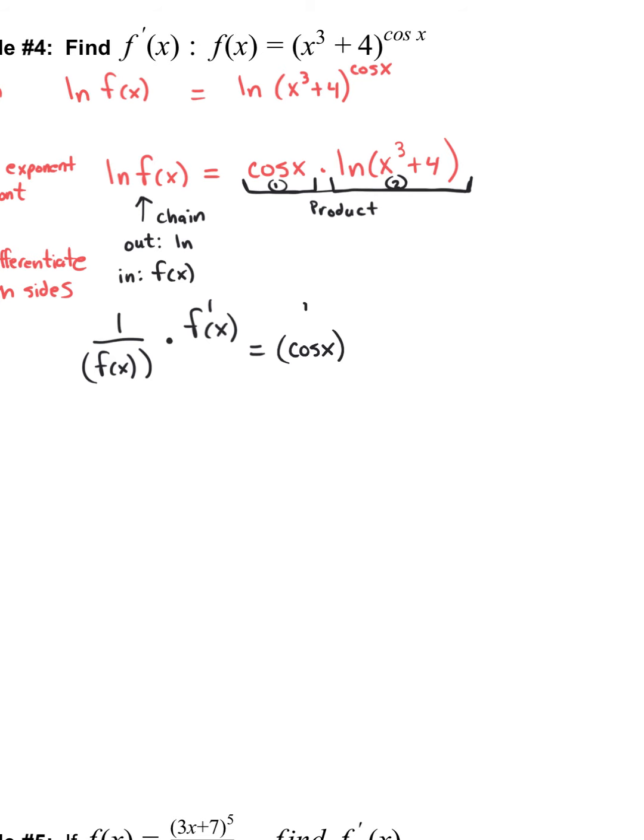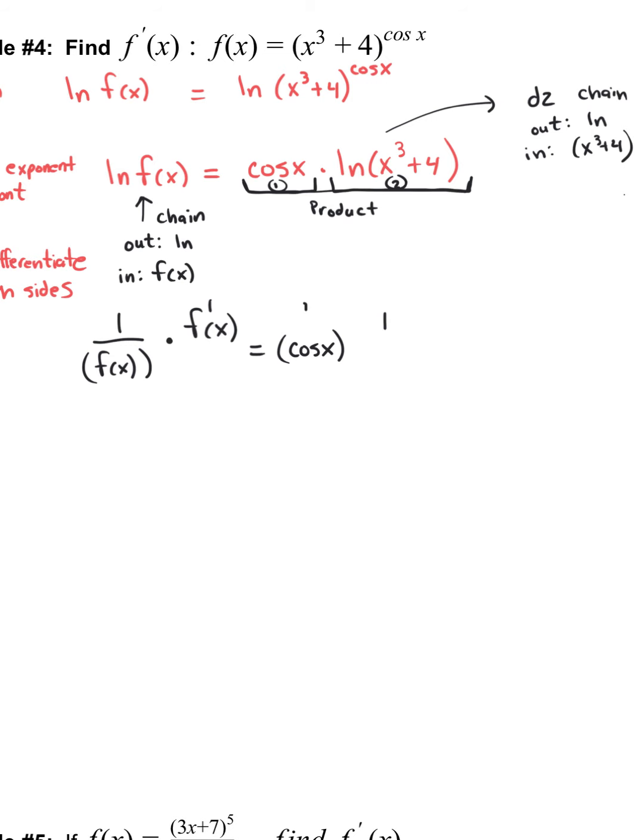Let me just help you out here. When we do D2, it's going to be a chain rule. The outer is ln, the inner is x cubed plus 4.